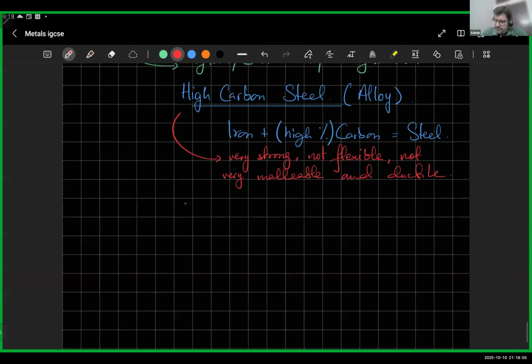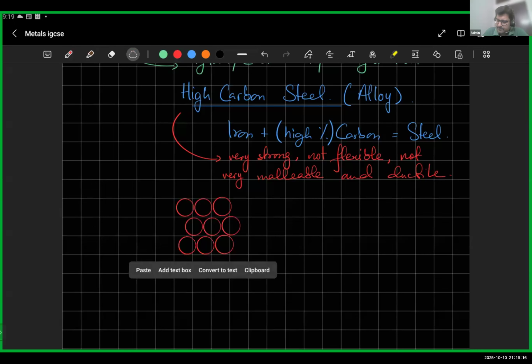So basically you have pure iron, and in pure iron you have exactly the same size atoms, and they form a very neat and regular structure. All very neatly lined up, and therefore they can.